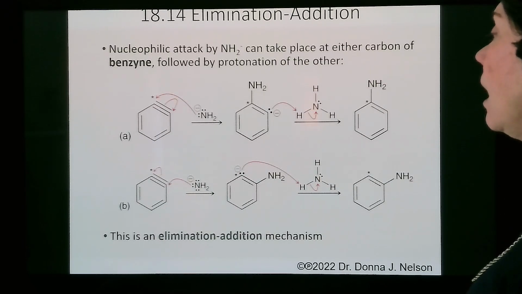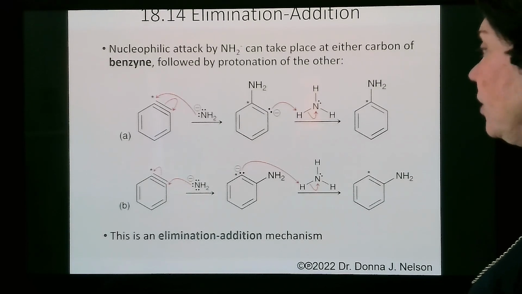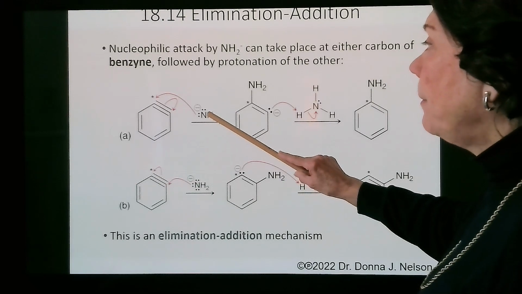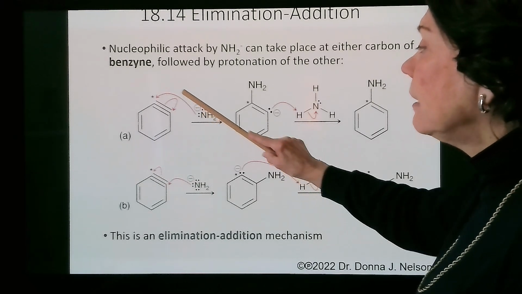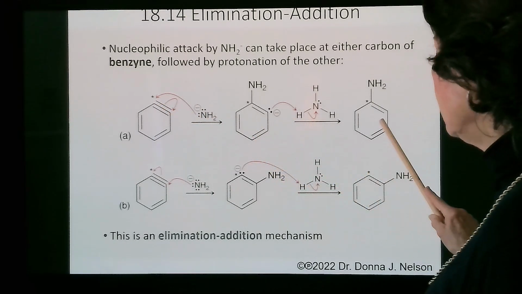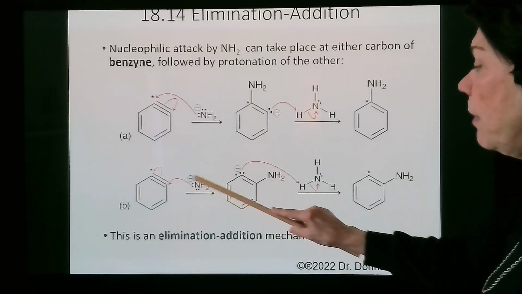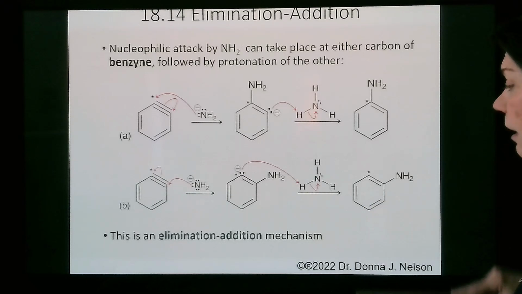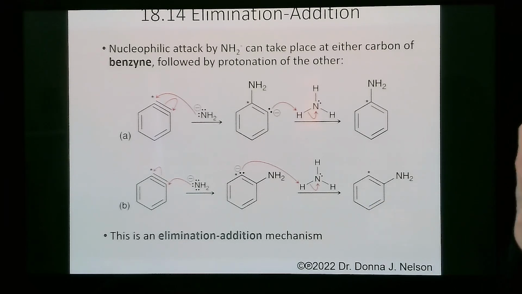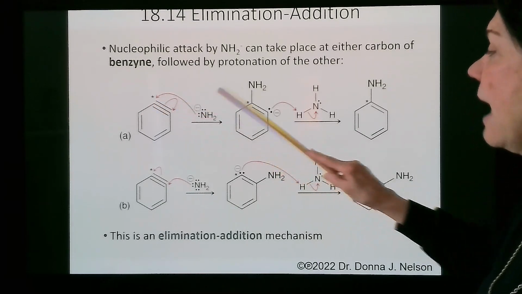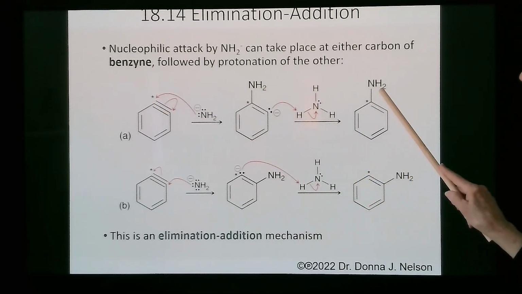And so, once again, we see that the amide can come in at either end of the benzyne triple bond to give you the two products. This is called an elimination addition reaction because elimination occurs first, and then you have the addition to give you the product.